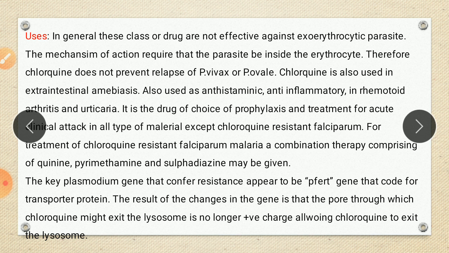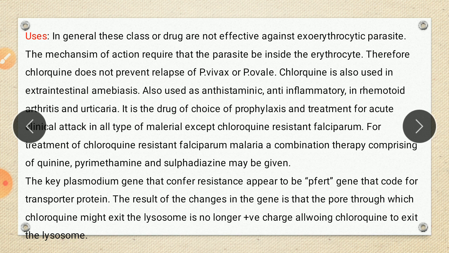The key Plasmodium gene that confers resistance appears to be the PfCRT gene. So this gene is responsible for resistance. It codes for a transporter protein. The result of changes in the gene is that the pore through which chloroquine might exit the lysosome is no longer positively charged, allowing chloroquine to exit the lysosome.